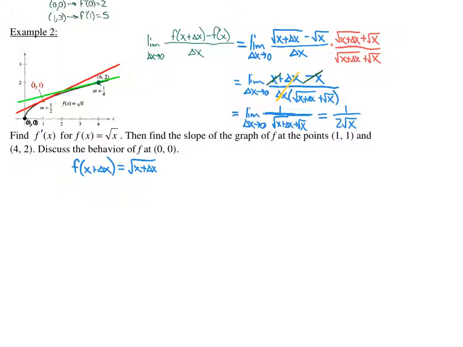Multiply it by radical x over radical x, and that would be radical x over 2x. Where'd you get the 2 from? 2 radical x? Because if I plug in a 0 right here, this whole thing is just a radical x. So radical x plus radical x would give me 2 radical x.